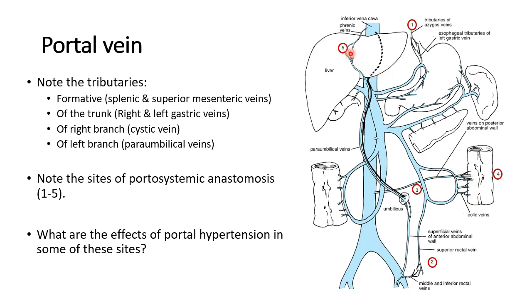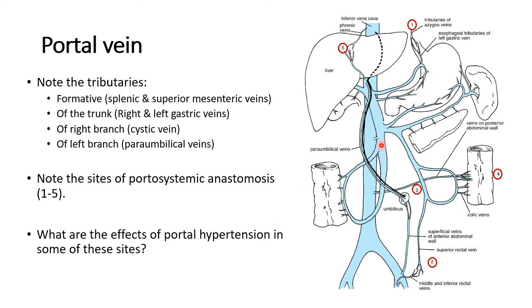There is also one inside the liver. Some of the blood goes into the portal vein, but there are some veins that will pierce the diaphragm out of the bare area and then drain into the inferior vena cava. So these five are sites of portosystemic anastomosis, where there is a connection between the systemic venous blood and the portal venous system.